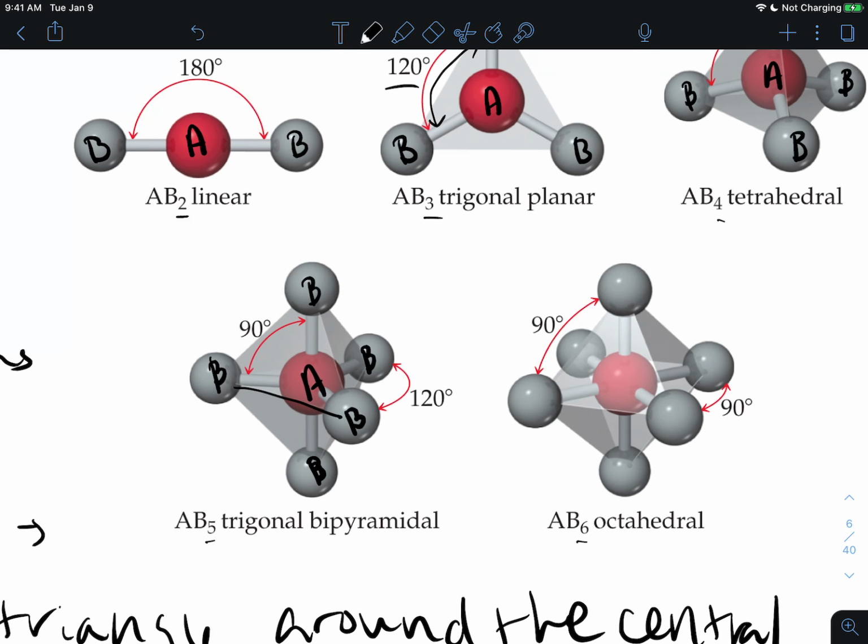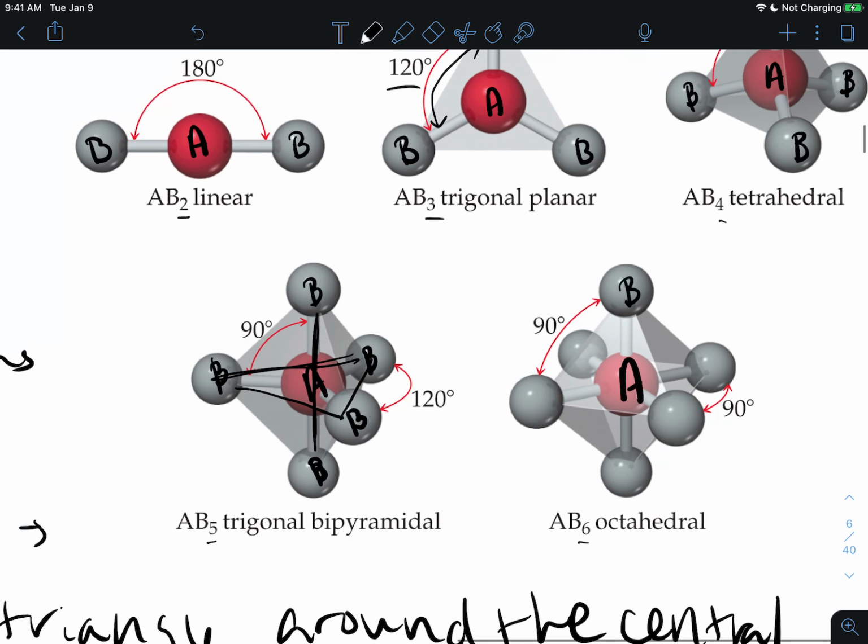We have the site right around this central equator. And then we have 2 sites above and below that central equator on the axis. Next is our octahedral, where we've got 6 atoms around a center point.